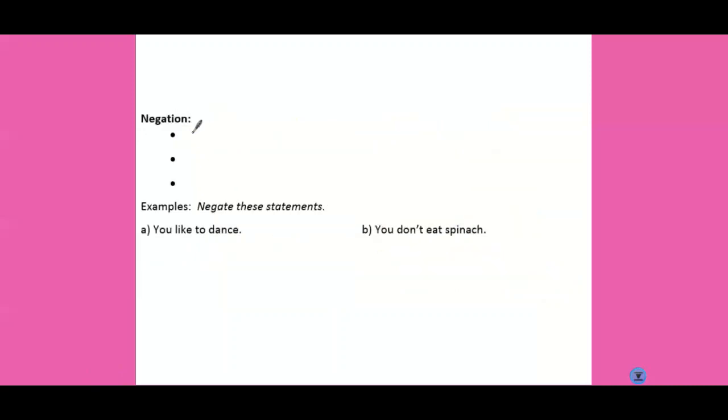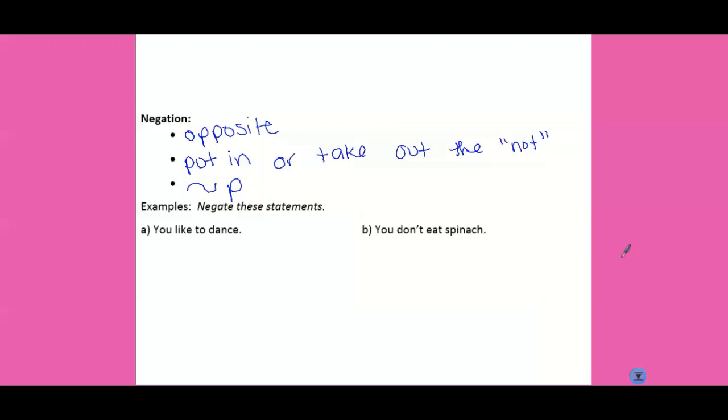Negation. Negation means the opposite. You will either be putting in or taking out the not part of the sentence. Symbolically, it would be a squiggle and then whatever our statement is.